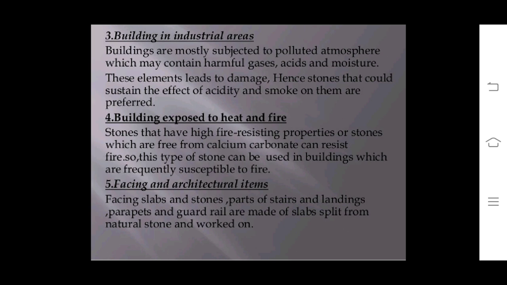These elements lead to damage, hence stones that could sustain the effect of acidity and smoke are preferred for such kinds of buildings.